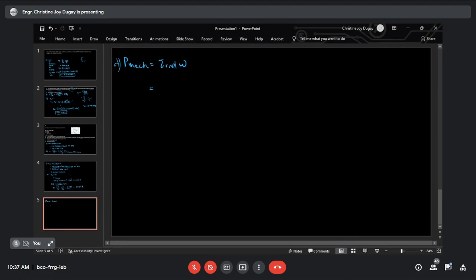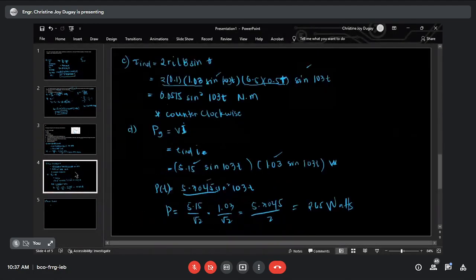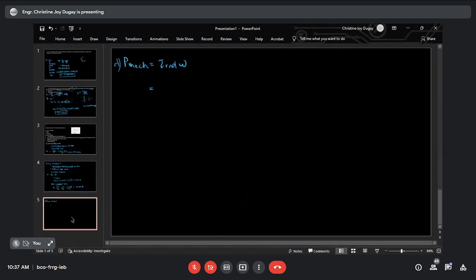So ang torque induced natin kanina, 0.0515 sine squared 103t. Then omega natin is equal to 103 radian per seconds. Tama po ba?